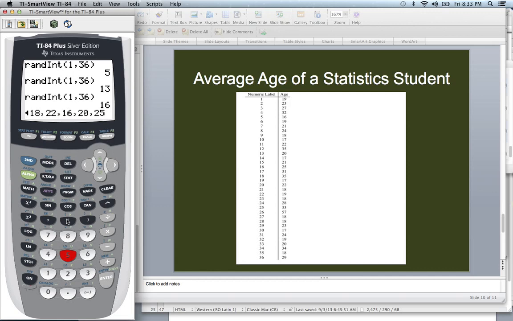Close the brace, then close parenthesis. So the average is 20.2. Now, if you recall, the average of the whole class was 23.7, so 20.2 is different.